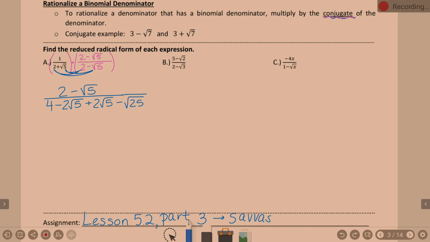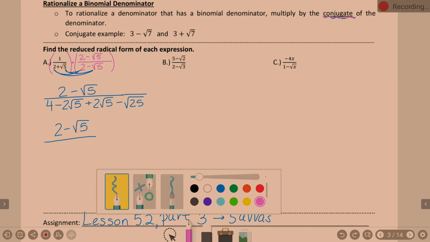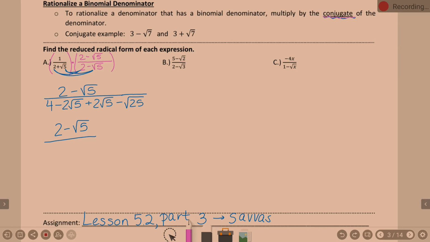Okay, let's clean up. The top: 2 minus the square root of 5 stays 2 minus the square root of 5. The denominator: what do you notice happening? What are those middle terms doing? They cancel, don't they?